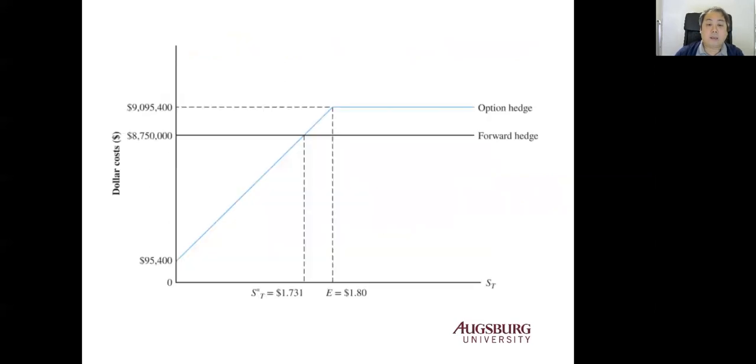So again, if you look at the graph, now the graph is a little bit different. The forward hedging is simply 8.75 million. And now for the option hedging, this is the maximum payment you need to make, but you may not need to pay that.